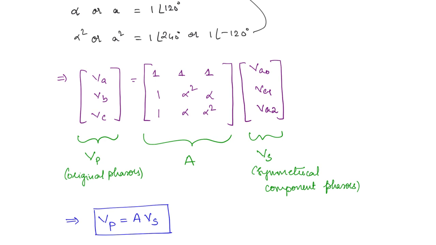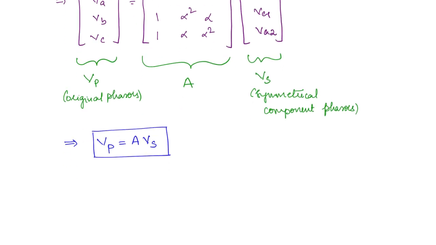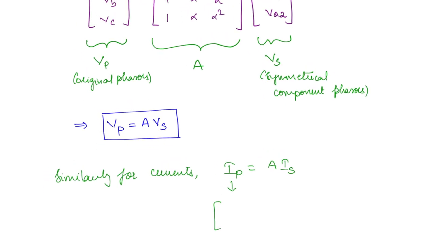Similarly, you can take currents, right? Similarly, for currents, this is going to be IP is equal to A into IS. Okay. So this matrix A is going to be same, but instead of voltages there is going to be currents. That's all. Okay, no other difference. So you can write here this IP is IA, IB and IC, and this IS is IA0, IA1, IA2.